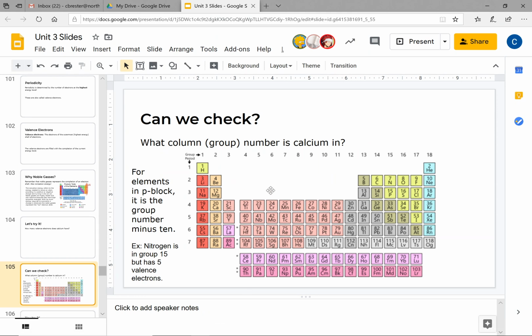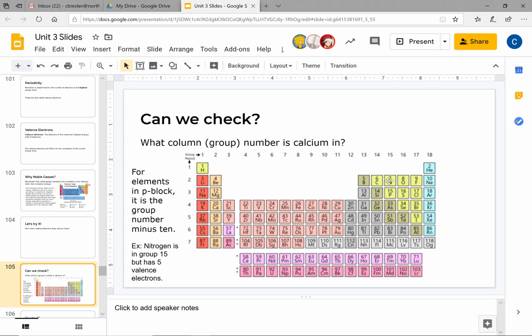Now, there's kind of a cheat for this as well, because you can look at the group number up top here on any of the periodic tables, and that is how many valence electrons we should have. So calcium, we said, has 2 valence electrons. It's in group 2. This is offset a little bit by D block when we get over to P block, but P block, it's just the group number minus 10.